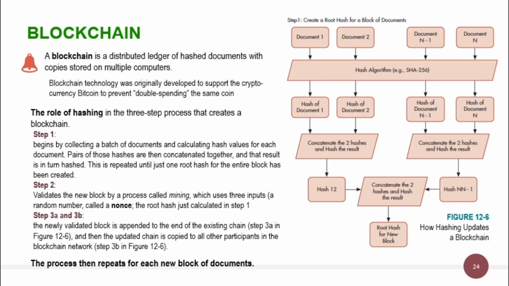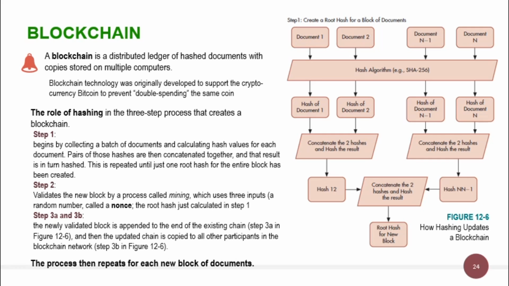This is document 1, document 2, and then after they are hashed using a hash algorithm, document n minus 1, document n, and then this is the hash of document 1, document 2, and n.